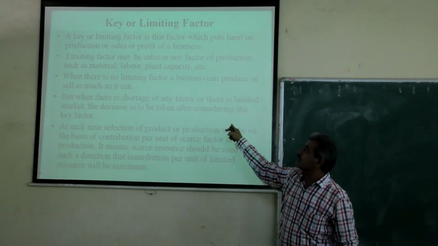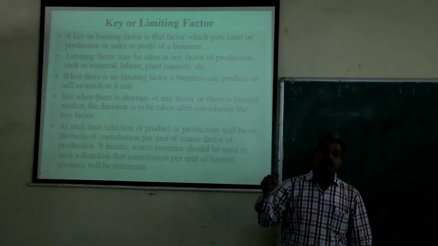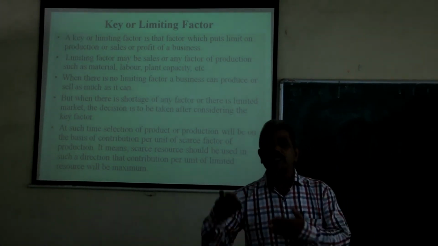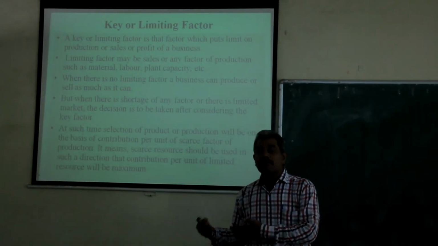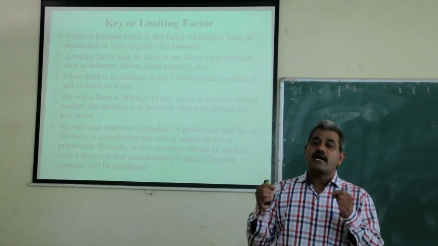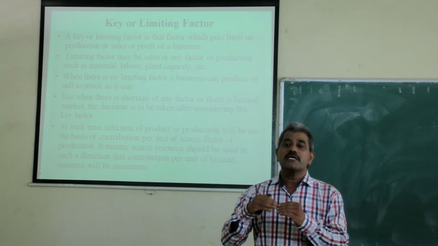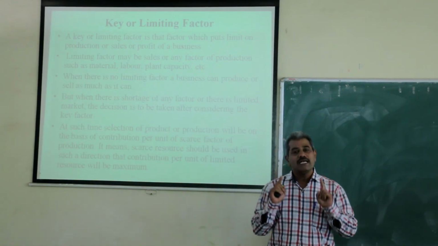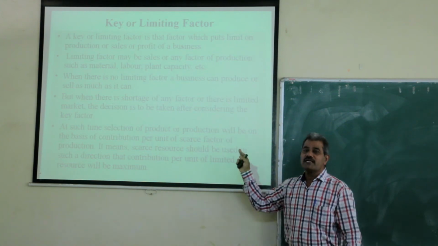It means we have to consider what the limiting factor is. Limiting factor may be labor. Suppose you are having sufficient raw material, sufficient machines and all other things, but skilled labor is not available. Then your output will be limited to the availability of skilled labor. So skilled labor will be the limiting factor.